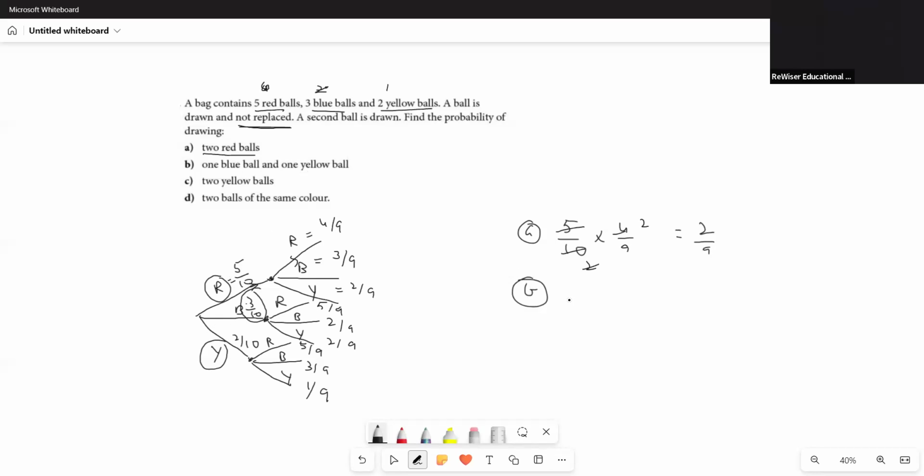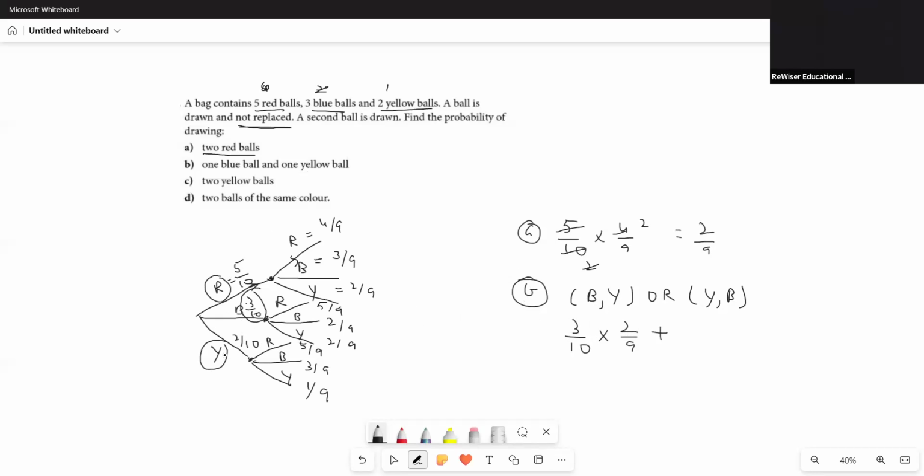So that means, again, we can say 1 blue and 1 yellow, or it can be yellow first and then blue. So 1 blue, that's 3 by 10, and then 1 yellow, that is equal to 2 by 9. Or means to add.